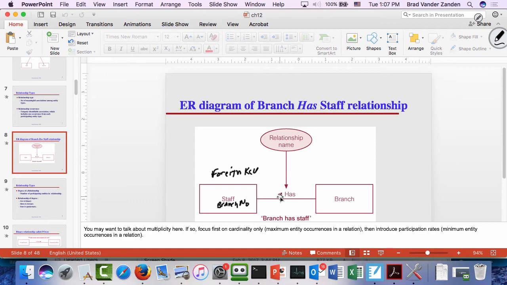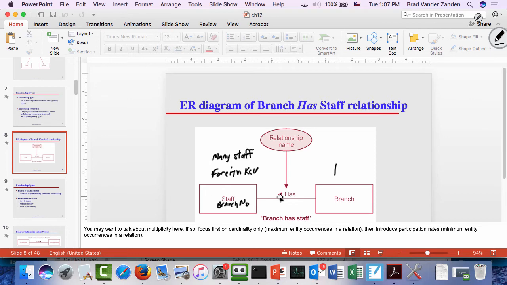Another way to think of it is, if in the relationship there's only one occurrence of one entity, here there's only one occurrence of a branch, but many staff per branch. Generally, if there's only one occurrence of one participating entity, and there are many occurrences of the other participating entity, then we typically direct the arrow toward the entity that is many.